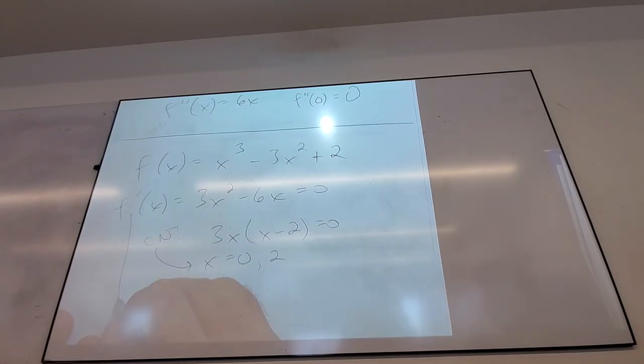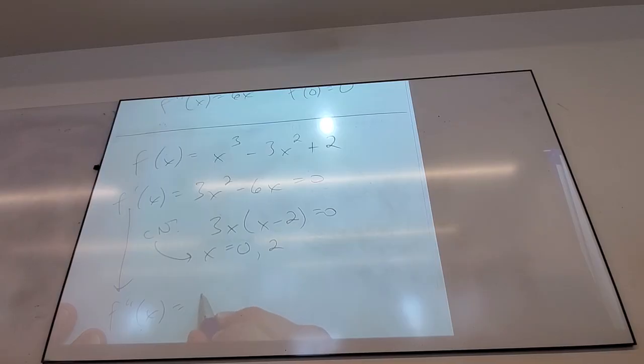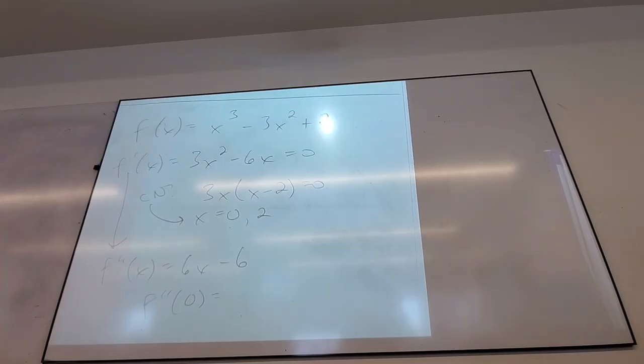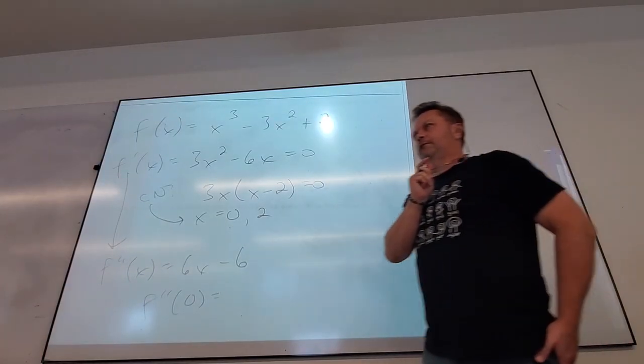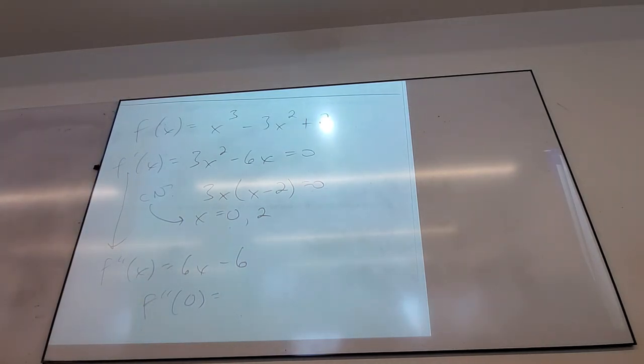What's the second derivative? 6x minus 6. Good. What's f double prime of 0? Negative 6. Of course, this is an easy function, but the steps don't care. The steps don't lie.